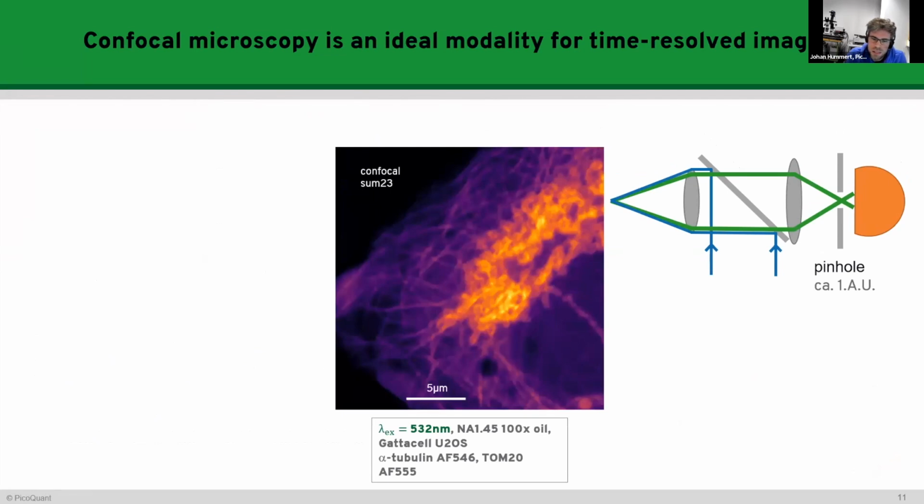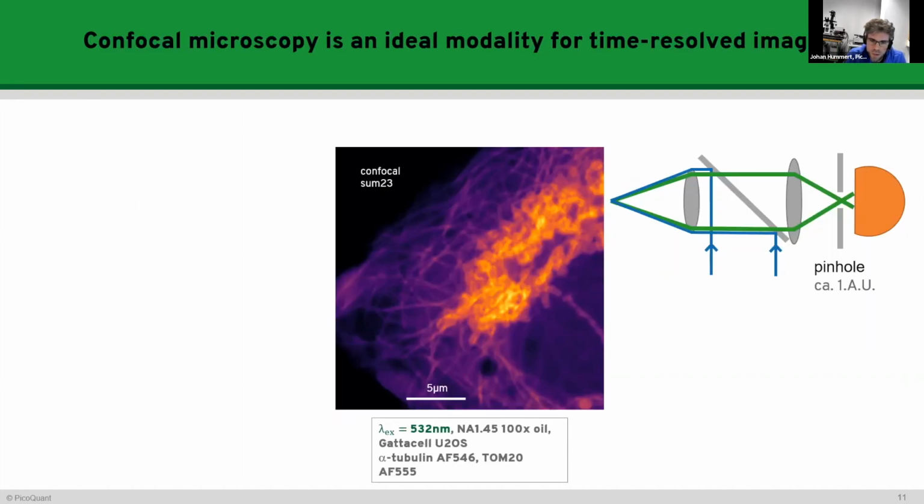So what this means is that the typical confocal image, here you see a U2OS cell line where tubulin is stained with one fluorophore, TOM20, so the mitochondria, are stained with another fluorophore.